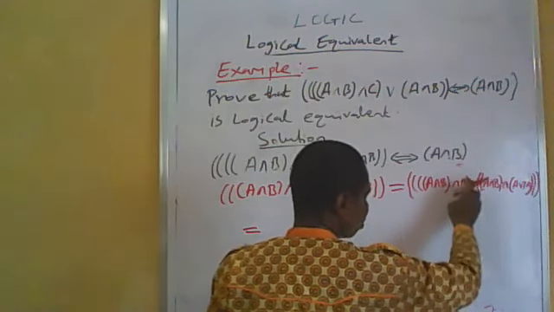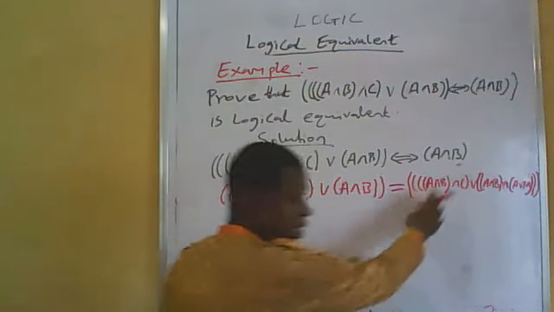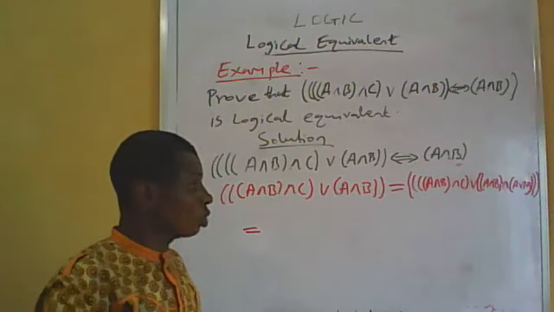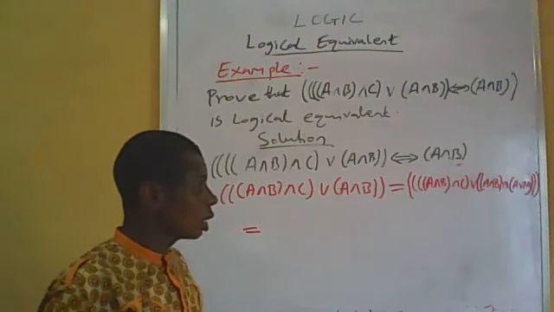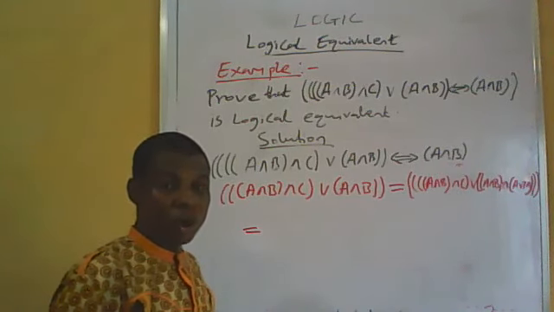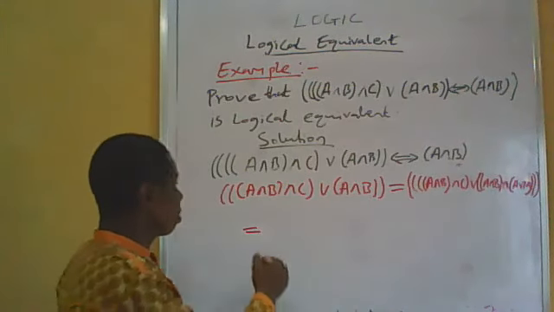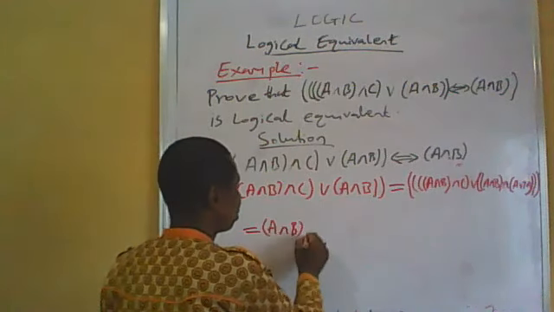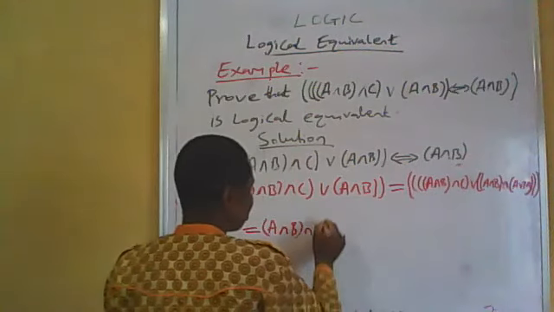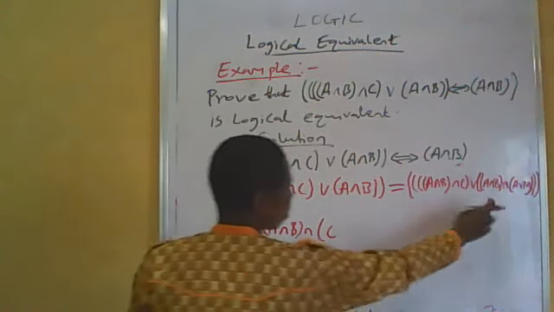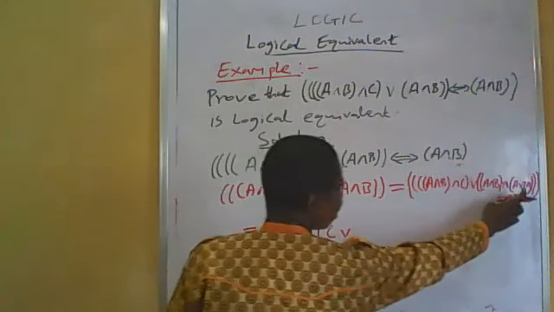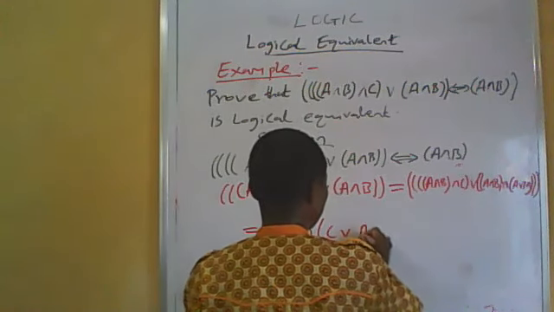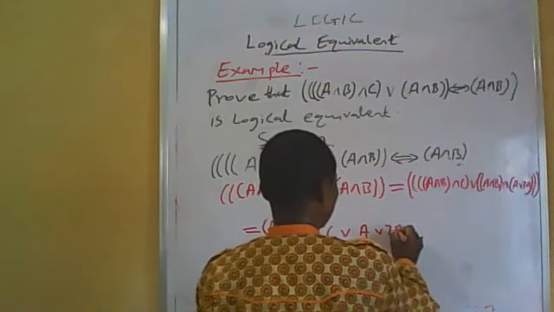So this A and B is related to these conjuncts C and the T, that means A or not A. So bring it out, you have A and B and the statement, it remains C, or then it remains A or not A.